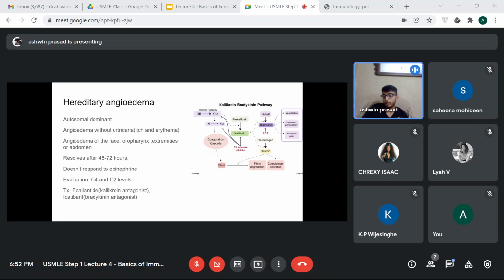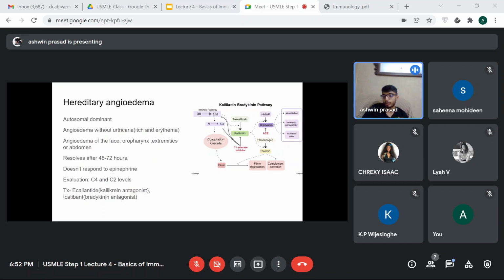Not just that, it can also prevent formation of kallikrein. Kallikrein has a downstream effect, which is that it helps in the formation of bradykinin, which we discussed in the first lecture as a mediator.